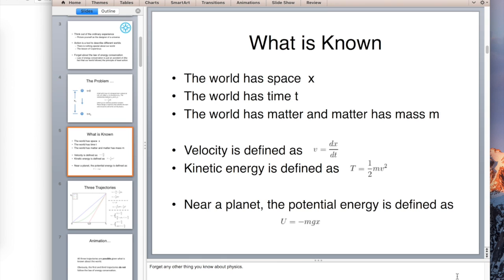And near the planet, an object has the potential energy defined as minus mgx. So this is all we know about the physics in this world we are trying to design a trajectory for. Please forget any other physics you know, especially the law of energy conservation.